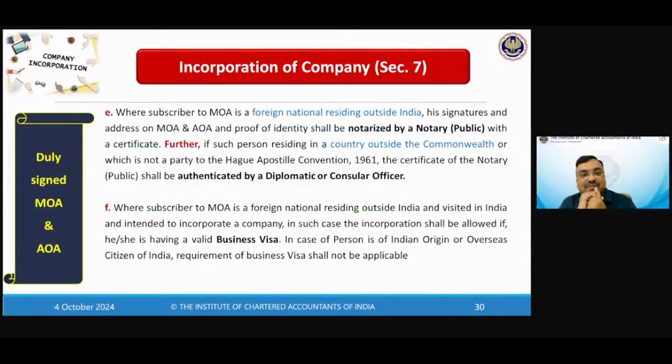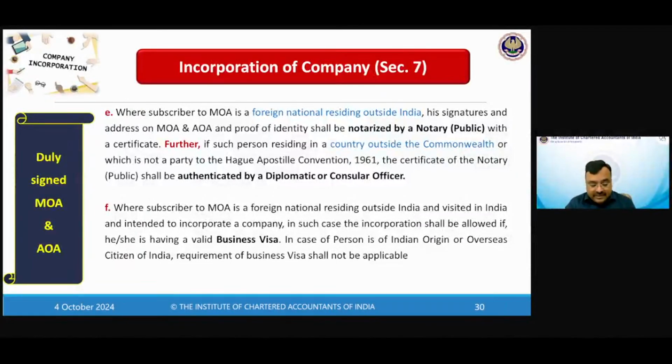Key point. Where the subscriber to a MOA is a foreign national residing outside India, a foreign citizen, his signatures and address on the MOA and AOA and proof of identity shall be notarized by a notary public with a certificate.